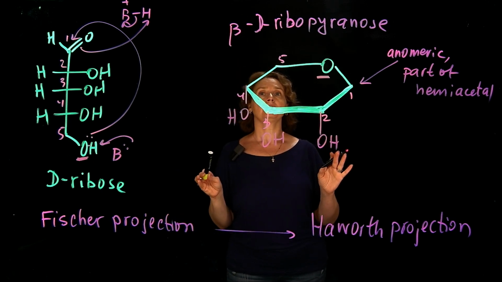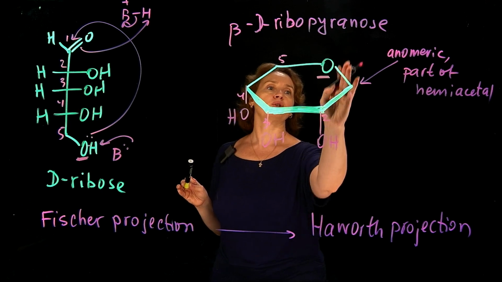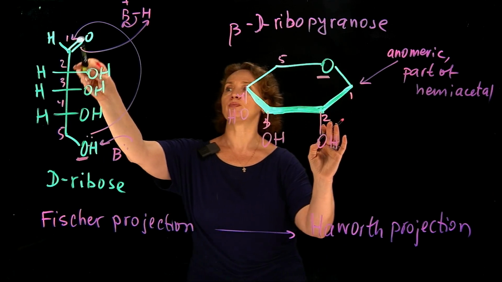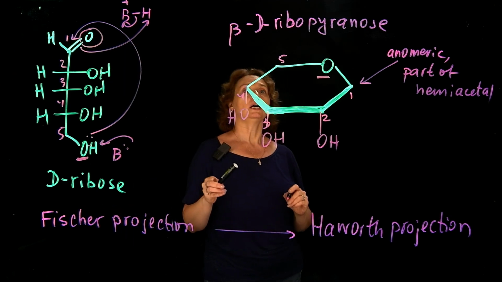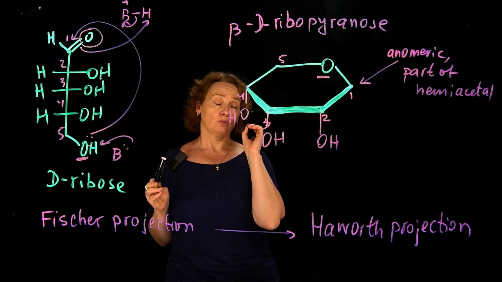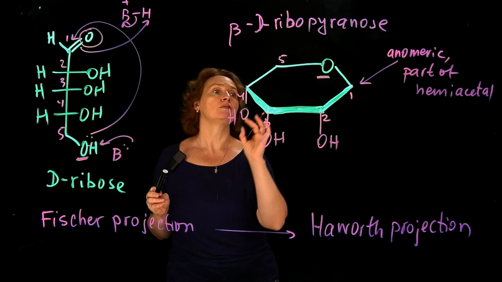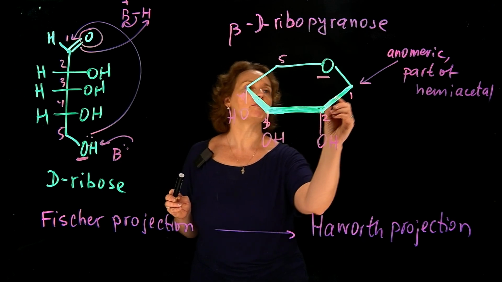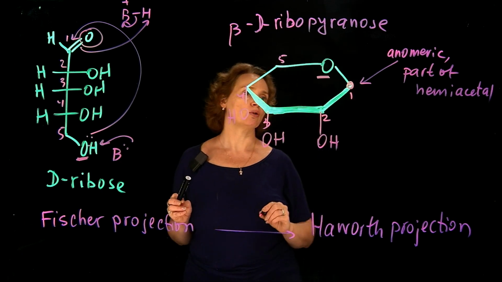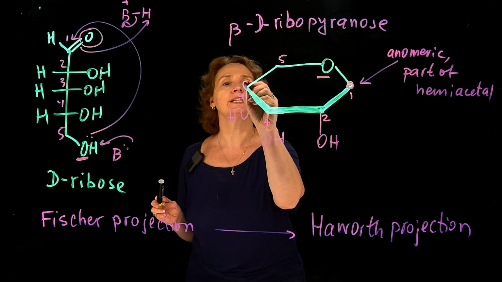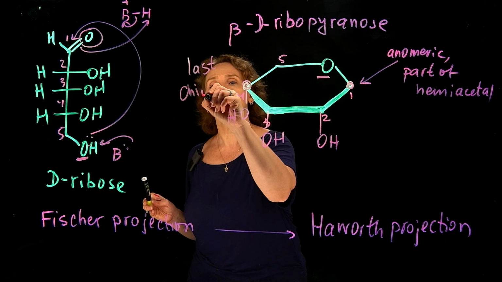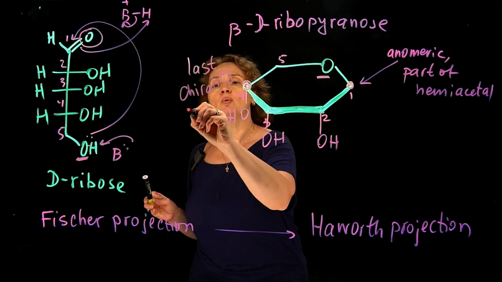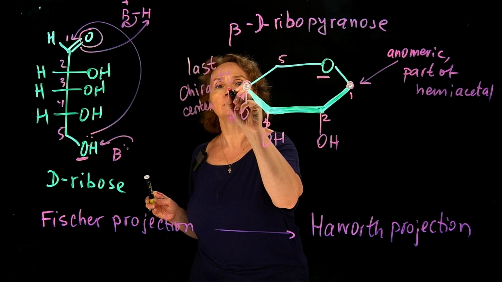How to determine where we should position our OH group that is from that oxygen? Remember, to assign alpha or beta for anomers, we need to compare the absolute configuration of the anomeric carbon and the last chirality center. And in this particular case, the last chirality center will be carbon number 4.